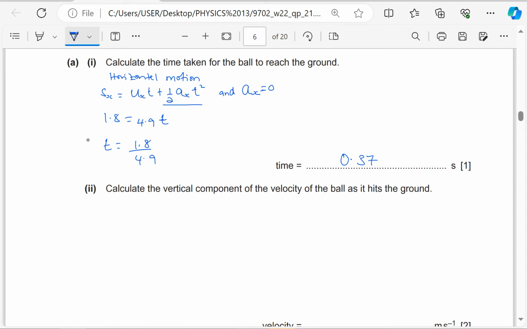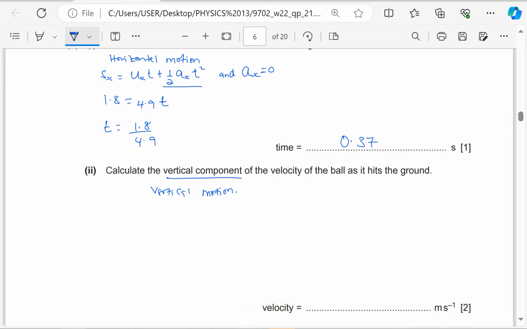Then calculate the vertical component of the velocity of the ball as it hits the ground. Vertical component. Of course, for vertical component, by all means, I must consider vertical motion. To consider vertical motion, remember initial velocity in the vertical, I'll call it u in the vertical, was 0 because it was initially moving horizontally.